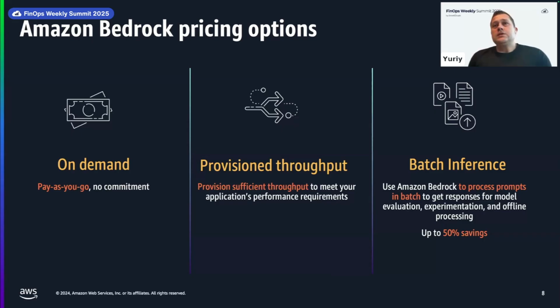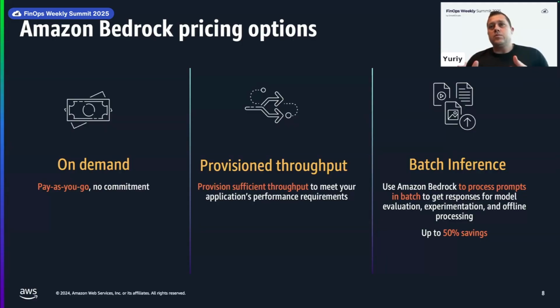If your applications need higher performance or higher rates of requests per second and tokens per second, that's where you need to look at provisioned throughput. Provisioned throughput is not necessarily a cost optimization constraint.